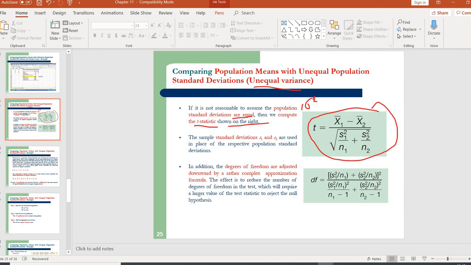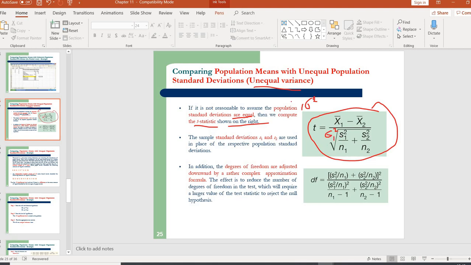That is how we will determine the t statistic. However, remember here the variances or the standard deviations are unknown. In the first case, where they were known, we were using sigma square 1, in the case where the variances were known.